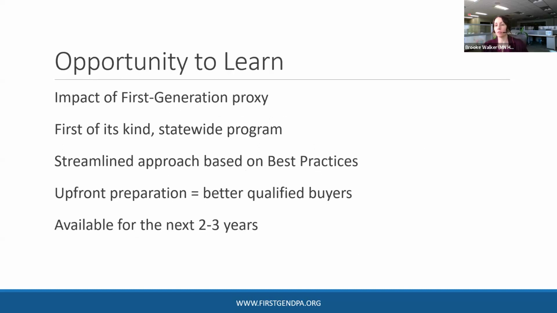So just overall, I think it's an exciting opportunity. We're going to better understand if first generation is an impactful proxy. This is really a first of its kind statewide program that's operating this way.